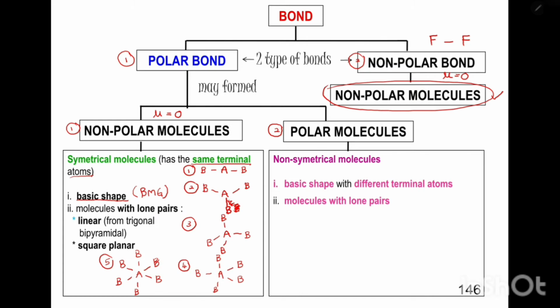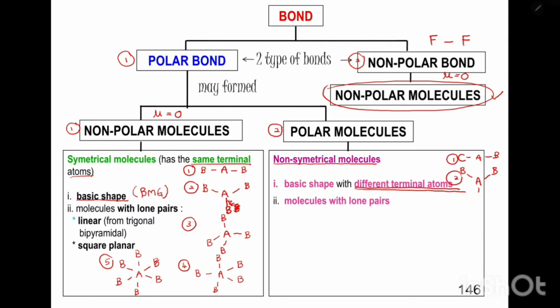But if we have basic molecular geometry with different terminal atom, it will be classified as non-symmetrical molecule because the terminal atoms are different. So let's say we have linear. Since different terminal atom, let's say I put as C. Same goes to trigonal planar.